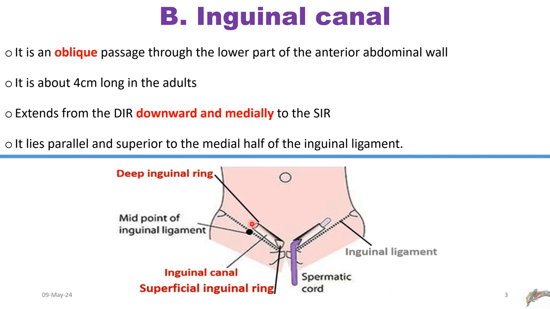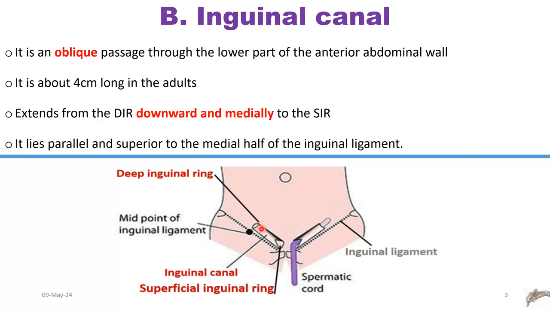It's not straight, it's slanting from the lateral side to the medial side. It's around 3 to 5 centimeters, on average 4 centimeters long in adults. And it extends from what we call the deep inguinal ring to the superficial inguinal ring.